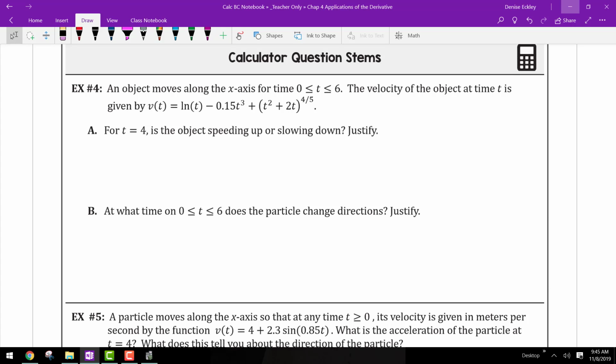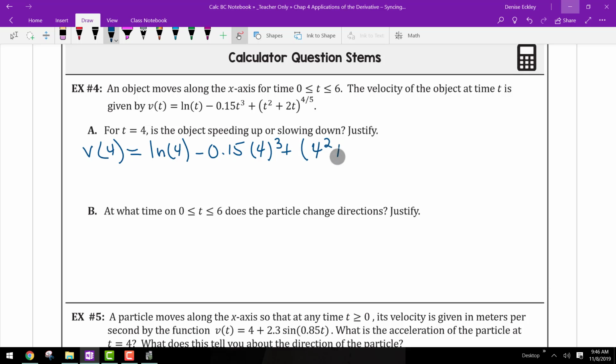So what we want to do is we want to, in our calculators, and I'm not going to show this part, we're going to put v of 4 in. So we're going to take the natural log of 4 minus 0.15 times 4 to the 3rd plus 4 squared plus 2 times 4, and that's going to be raised to the 4/5 power.